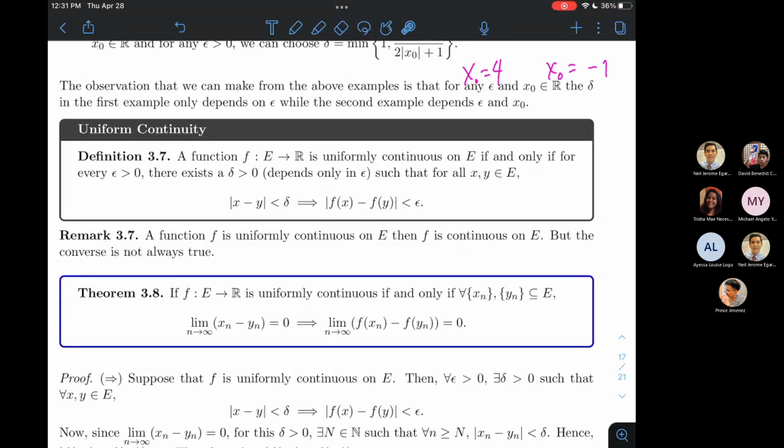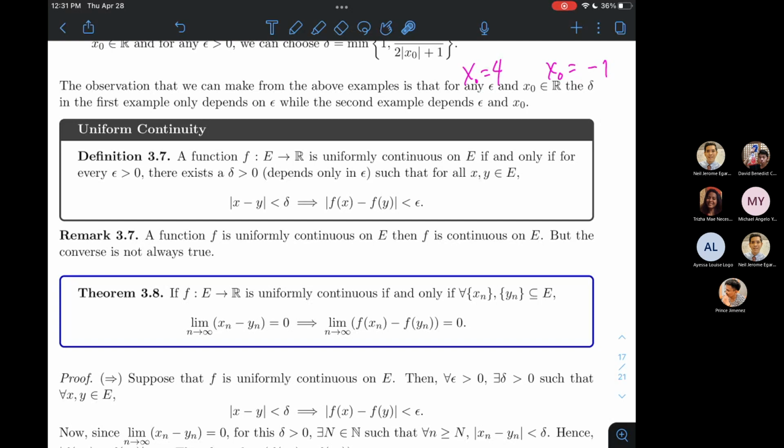Okay? One thing to note here is the notion of uniform continuity is only defined on sets. Yung continuity natin, meron tayong continuity at a number at meron tayong continuity at a set. All right. Pero when you're talking about uniform continuity, it's always about uniform continuity on a set.